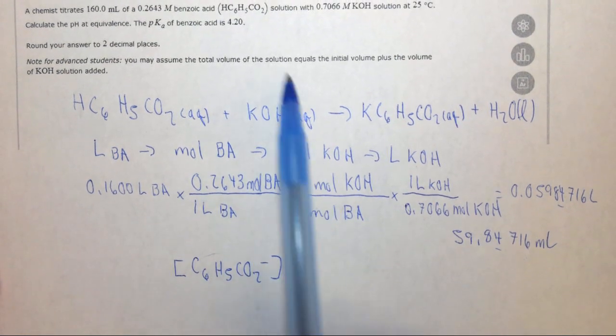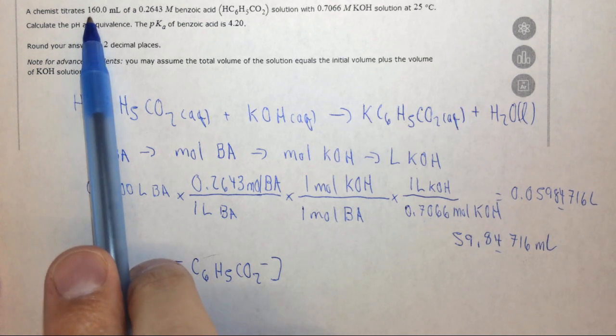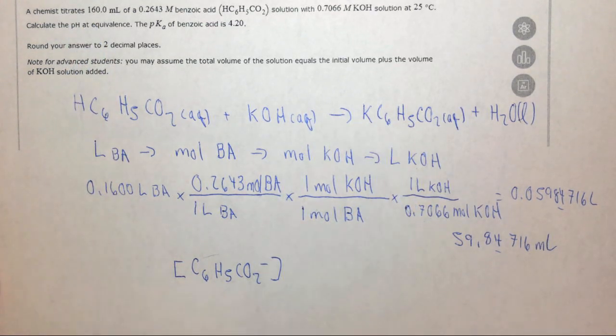Well, we know the initial concentration of the benzoic acid is this, and we know the initial volume is this. So that would also be the initial amount of this.